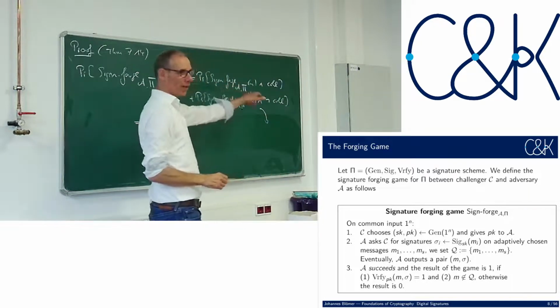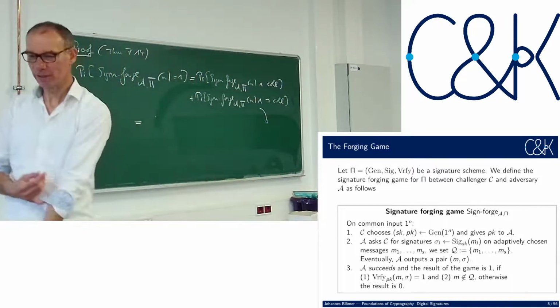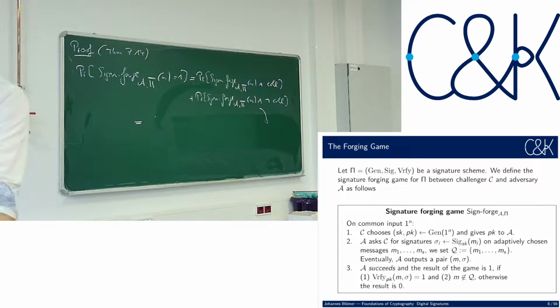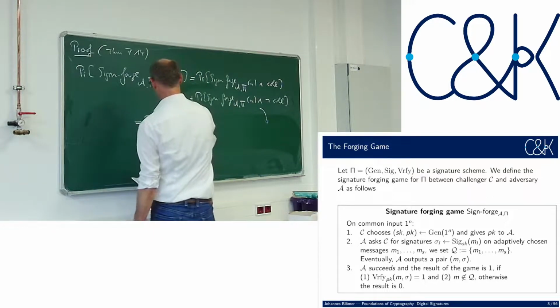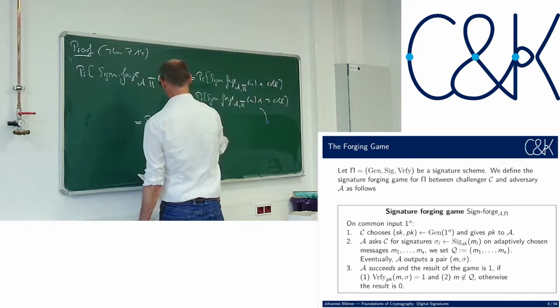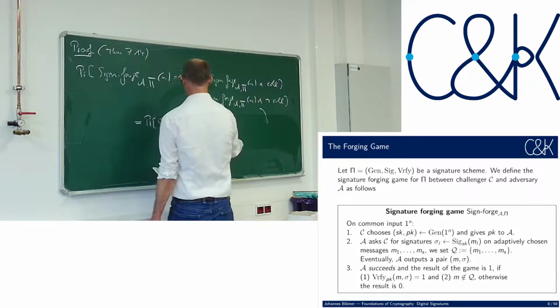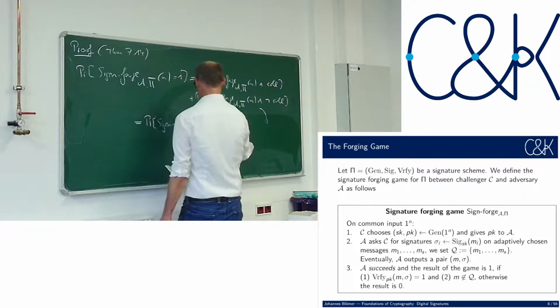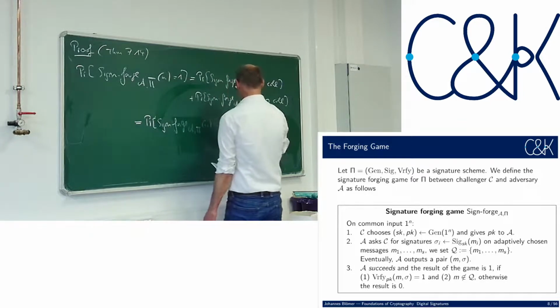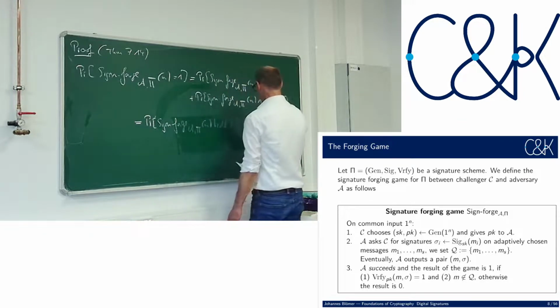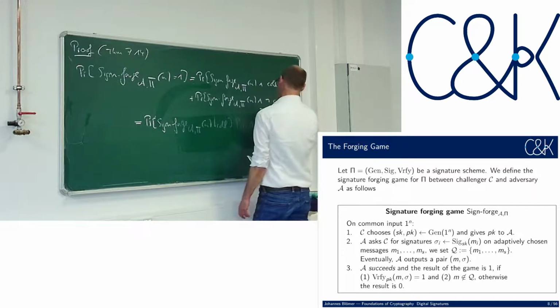And this I will write with conditional probabilities, otherwise it doesn't make all that much sense. Okay, and this above I rewrite as sign forge A, pi of n, conditioned on collision, times the probability for collision, plus this part here.